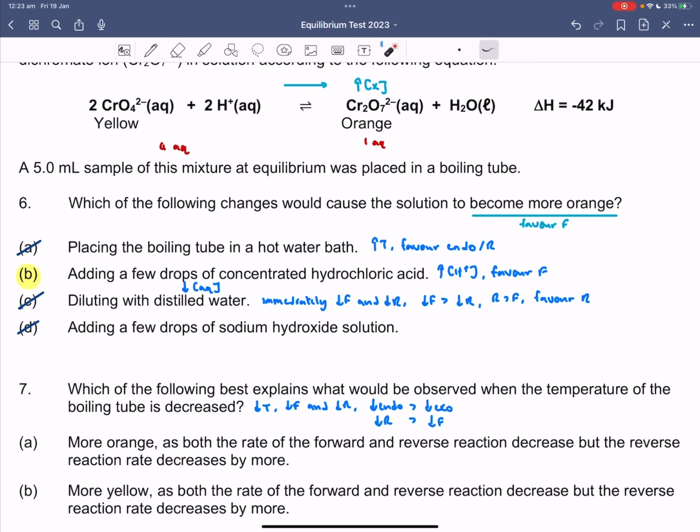They both drop, but the reverse drops more than the forward. If the reverse drops more than the forward, the forward is more than the reverse. It means we're going to favor the forward reaction, which means it's going to become more orange. We want an option which becomes more orange.